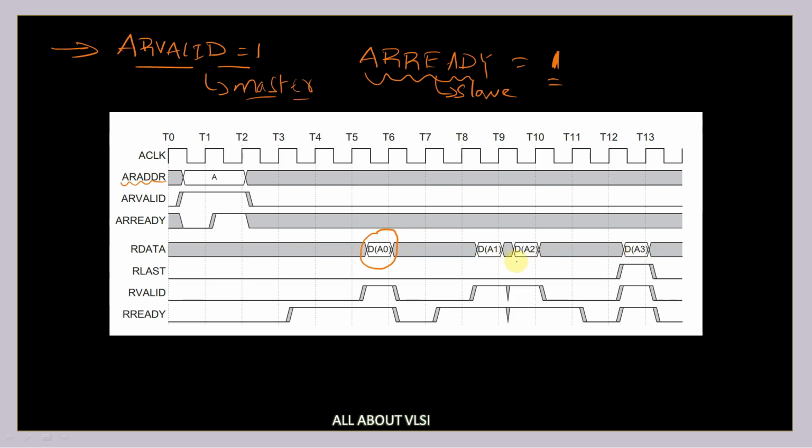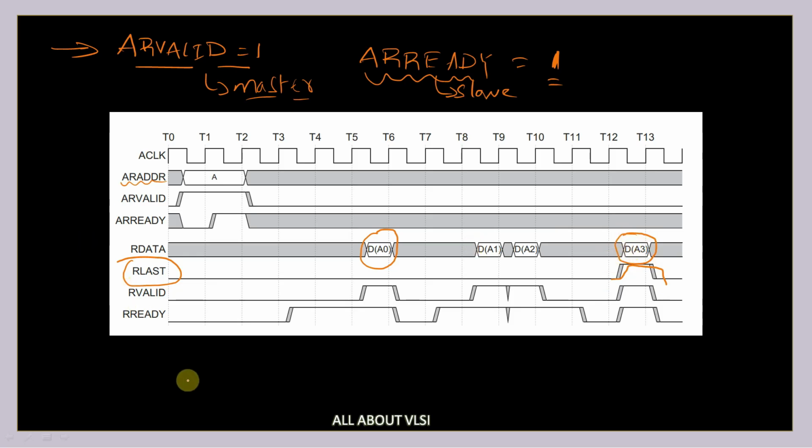Now, how is the master going to know what the last transaction item is? Using this R last, we decide which is the last data item in the burst. In this case, you can observe R last is made 1 here. That means this particular transaction item is the last data item the slave is going to send the master.